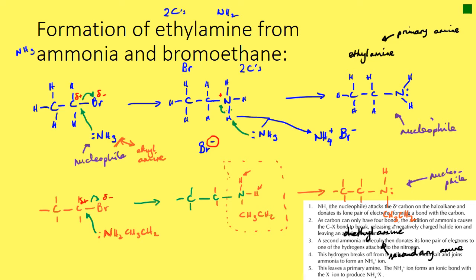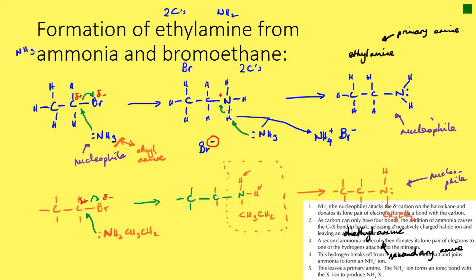And what that means is that another ammonia molecule that is swimming around in the vicinity can go and get that hydrogen. So we've got an ammonia molecule that we're drawing like this, and that's attracted to that hydrogen, which is going to have a small positive charge because its electrons have been drawn towards the nitrogen atom in that ethyl ammonium salt.